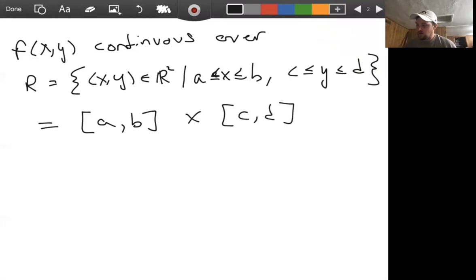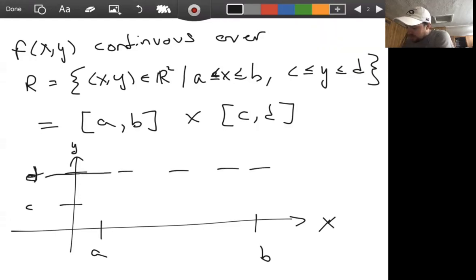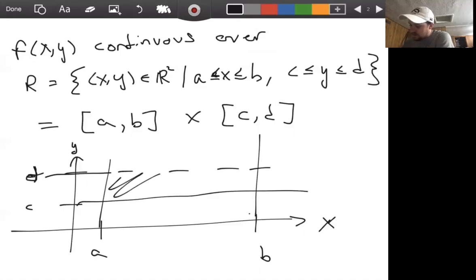And this region R, what it looks like is you have two x values, a and b, you have two y values, c and d, say here, and then you're looking at the region bounded by these four lines, and you'll get a rectangle.